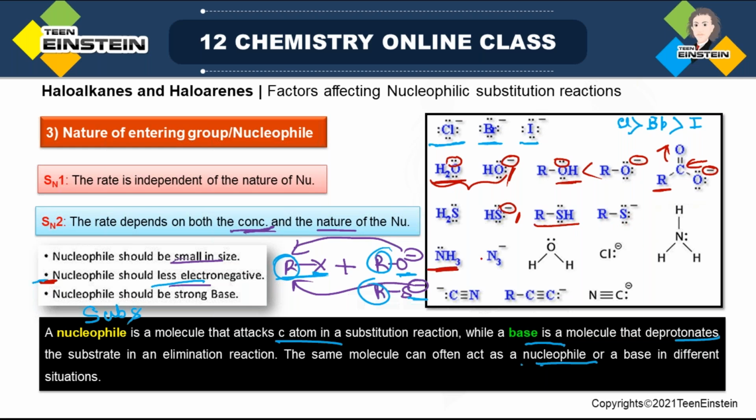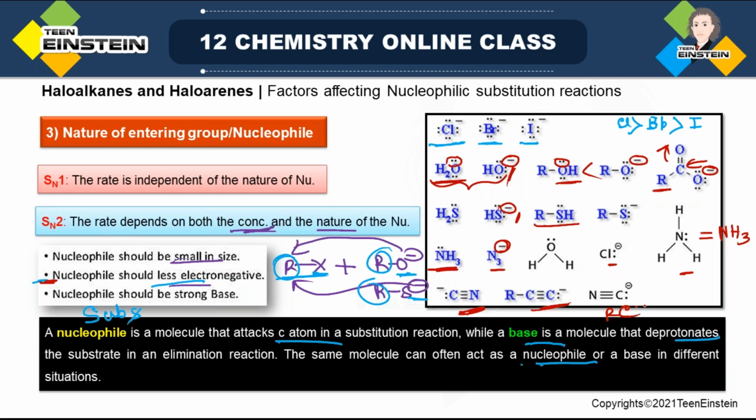Then ammonia, it can also act as a nucleophile. N3 minus, that is, three nitrogens carrying a single negative charge, and water. Then Cl minus and ammonia. Then cyano. This is a negative charge over an sp hybridized carbon. How can you get these nucleophiles?